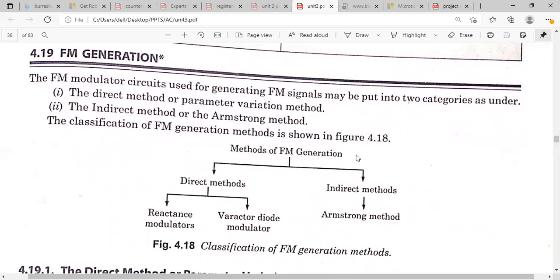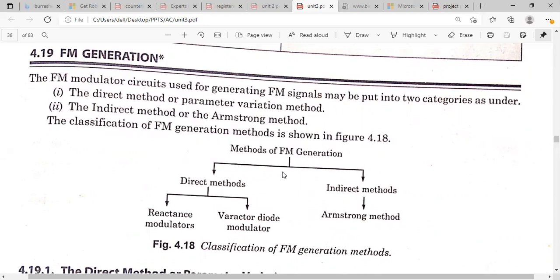So basically there are two types of generation methods. We can generate directly, which is called the direct FM method, and the indirect FM method. The direct FM method is also called the parameter variation method, and the indirect method is also called the Armstrong method.